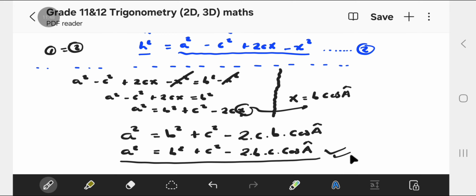So this is the cosine rule. So how does the cosine rule work now? Let's just see how it works.